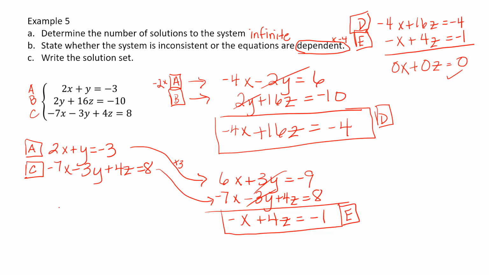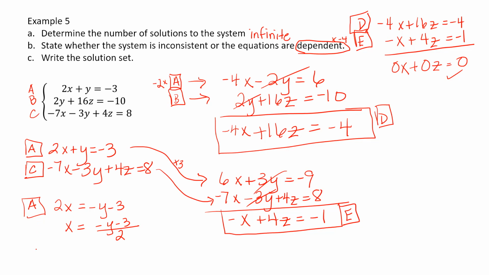To do that, I'm going to look at equation A and solve it for x, writing x in terms of y. So for equation A, I've got 2x equals negative y minus 3, and therefore x equals negative y minus 3 over 2.